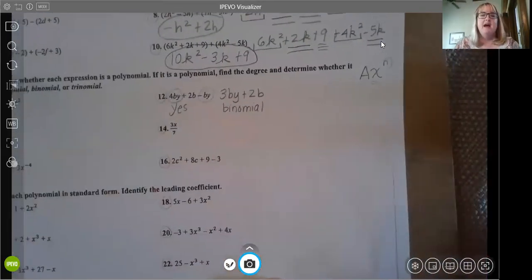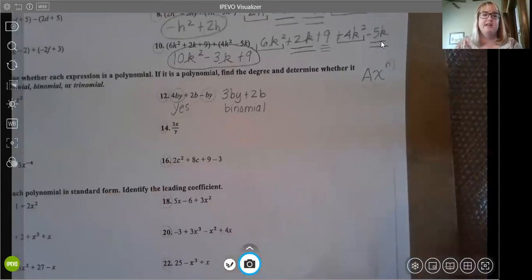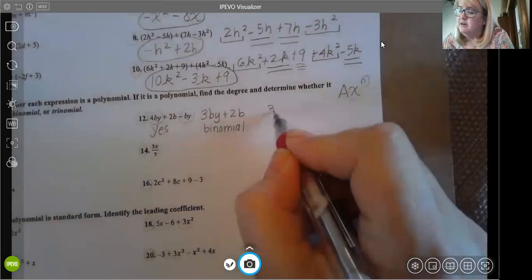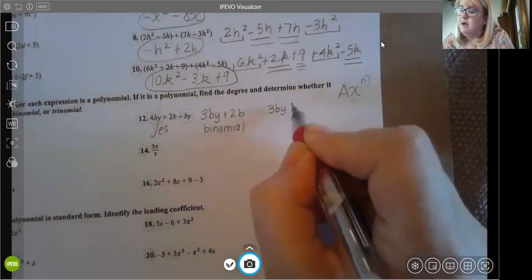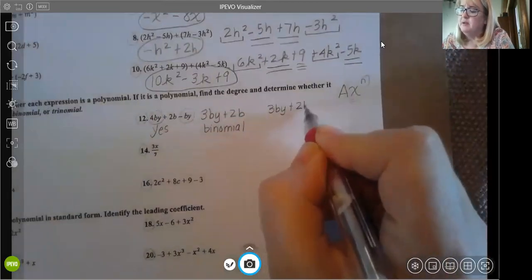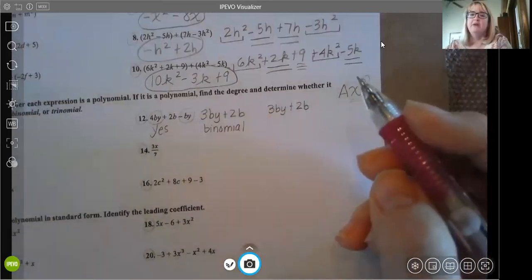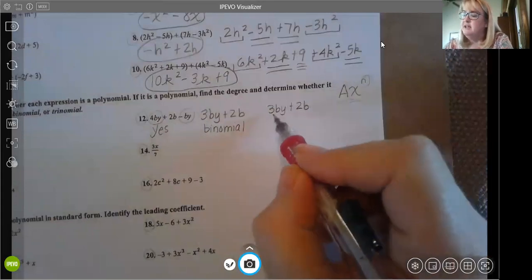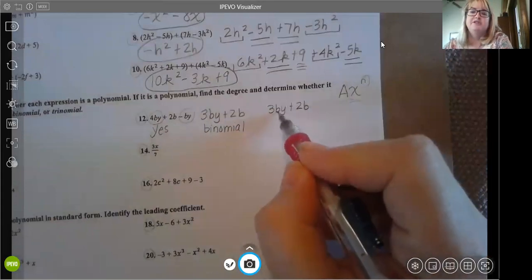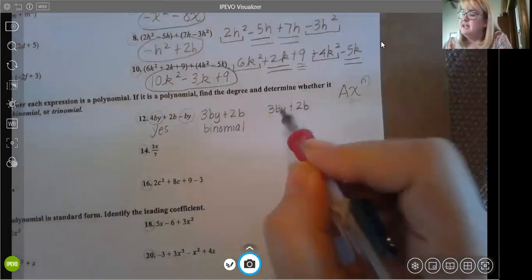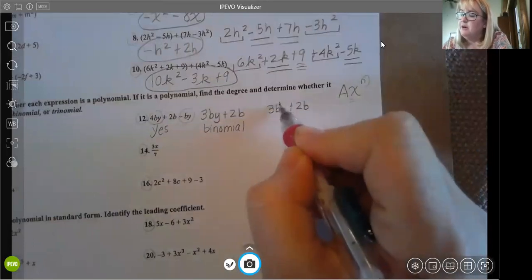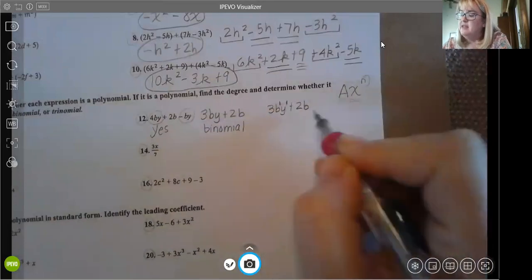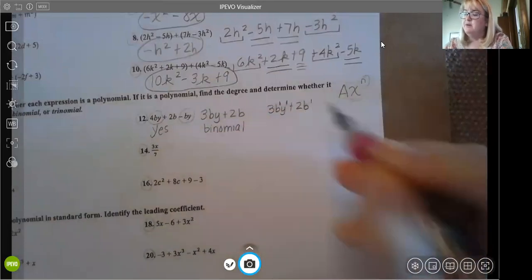Okay, now to look for the degree. I'm going to write this one more time out here. 3by plus 2b. So again, we are looking at the exponent that goes with the variables. Now, b, there's no exponent written, but there is an exponent, and that would be the first power. Y is also to the first power, and b here is to the first power.